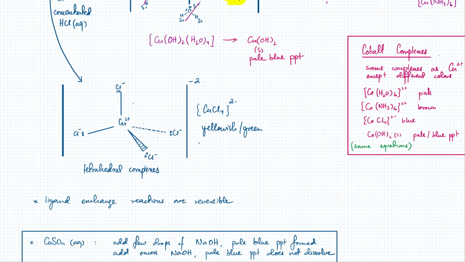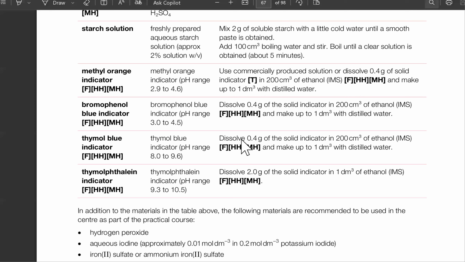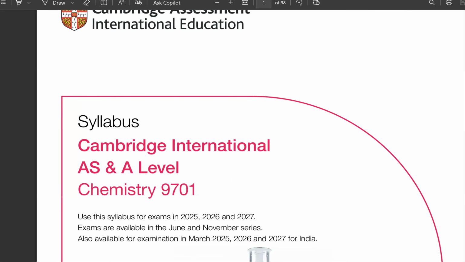अच्छा, so remember we just did transition metals. Let me just open the syllabus. I think it's 2025 to 2027. ठीक है, give me one second. I think I opened the O Levels one.